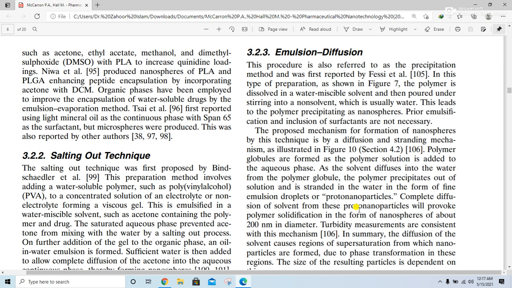The complete diffusion of solvent from these proto nanoparticles will provoke the polymer solidification in the form of nanospheres of about 200 nanometers in diameter.